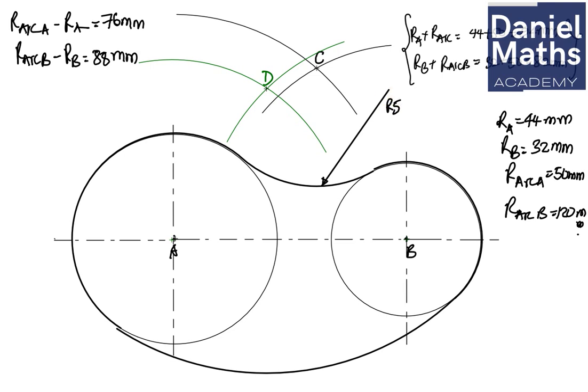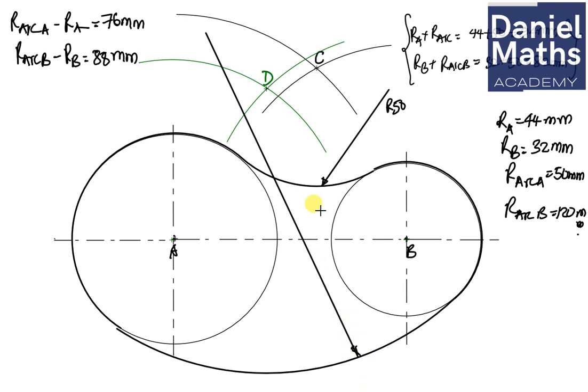Okay, so this is radius 50, and what we have here is arrow 50. Now also I have this other radius, this I'm going to use from this point to this point. So this is radius 120.